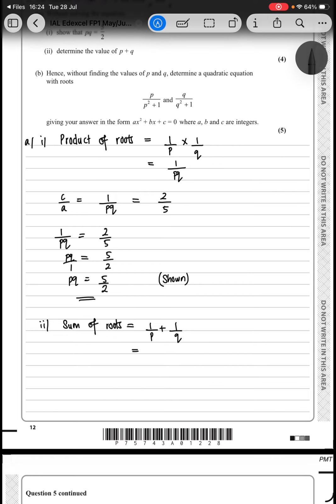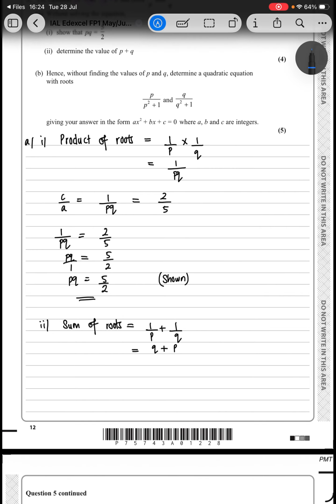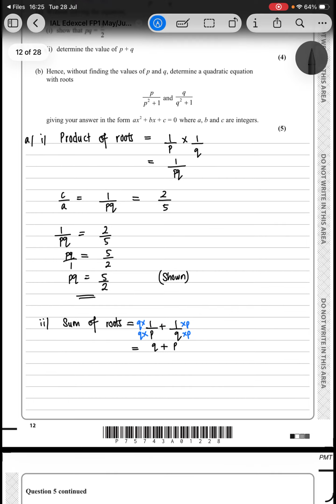If I simplify this, we can take the LCM. So Q plus P, because we have to multiply the first root 1 over P by Q up and down. Multiply by Q, multiply by Q. The second fraction we multiply by P and multiply by P. So Q plus P over PQ.